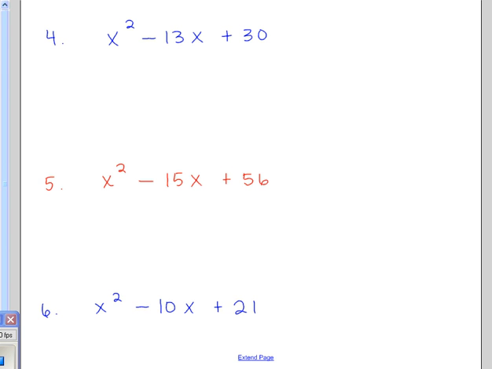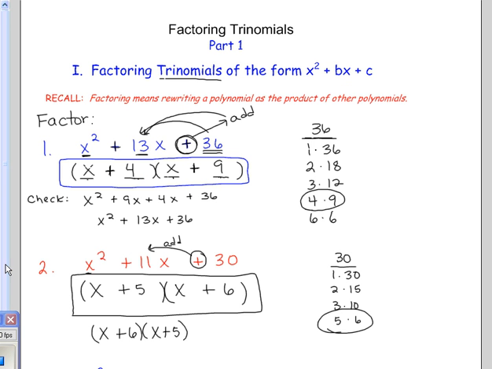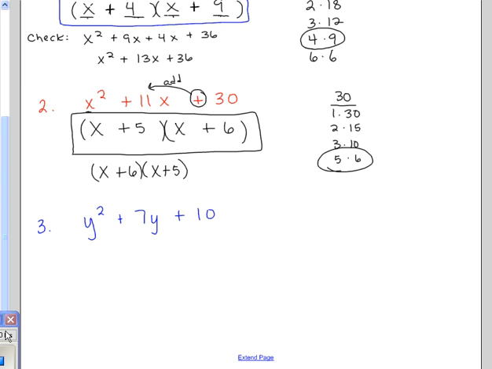Okay, let's look at number 3. y squared plus 7y plus 10. Again, there's no common factor. If I begin with y squared, it means I would have y times y. Look at the last number. It is positive. That means I want to find two numbers that will multiply to be 10 and add to be 7.